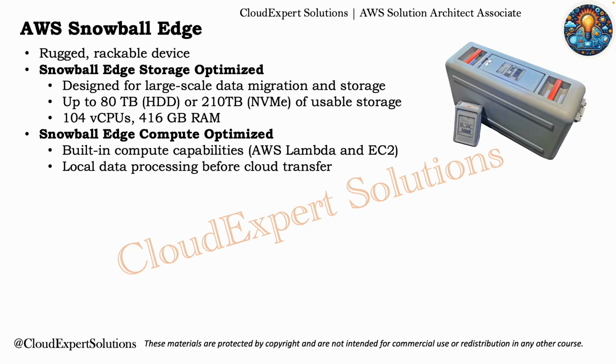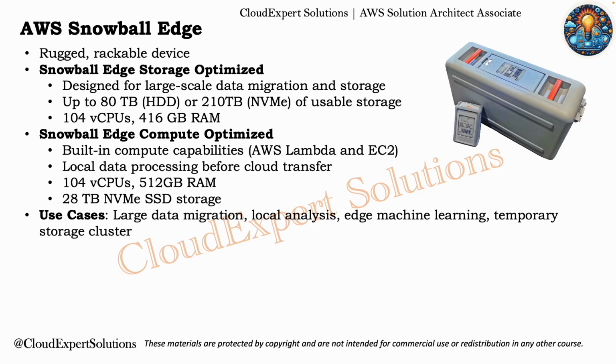In terms of compute capacity, it comes with 104 vCPUs and 512 GB of RAM. Since these are compute optimized, that is why usable storage volume is less, and it comes with 28 TB of NVMe SSD storage.